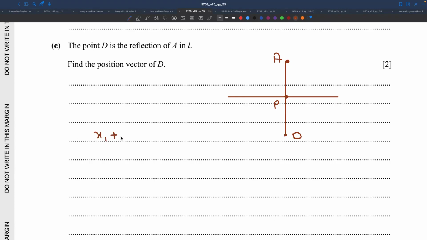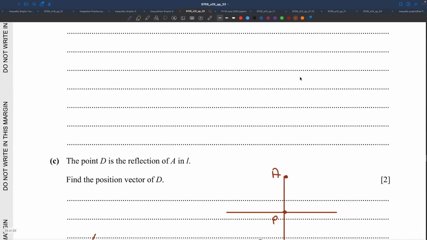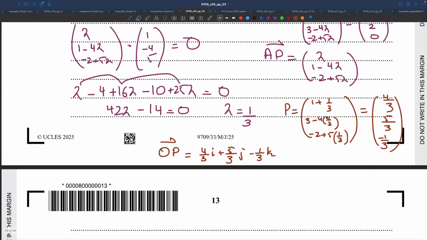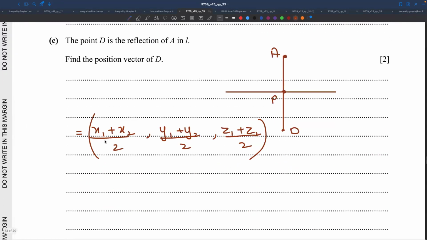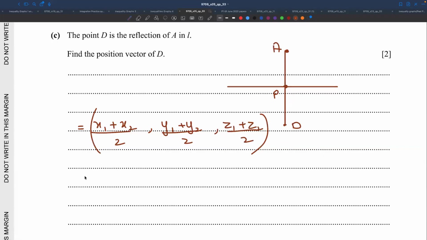So do you know the midpoint formula? That is (x1 plus x2) upon 2, comma (y1 plus y2) upon 2, comma (z1 plus z2) upon 2. Now we have the midpoint in the form of P. This x value is equal to 4 upon 3, right?